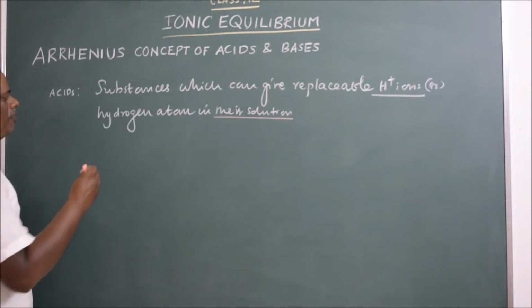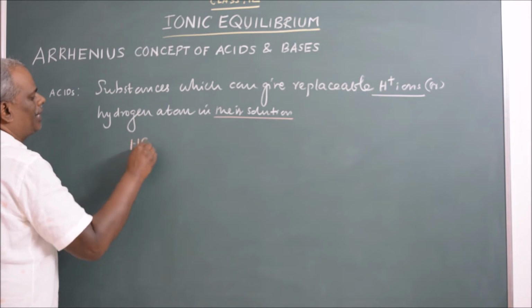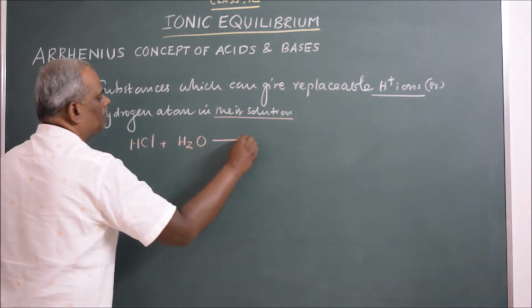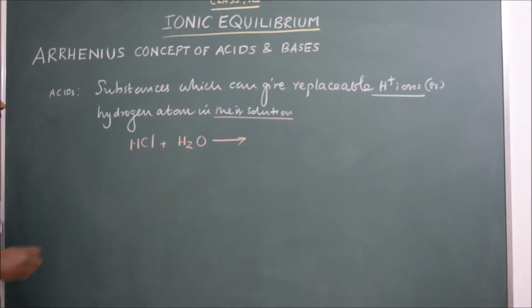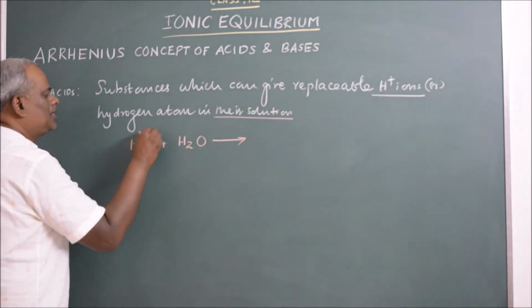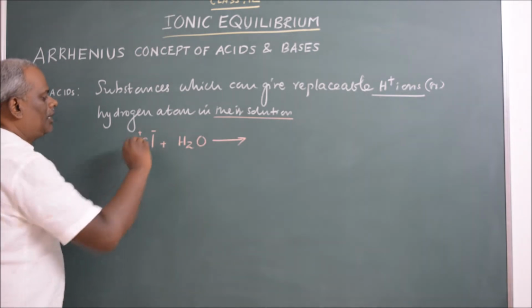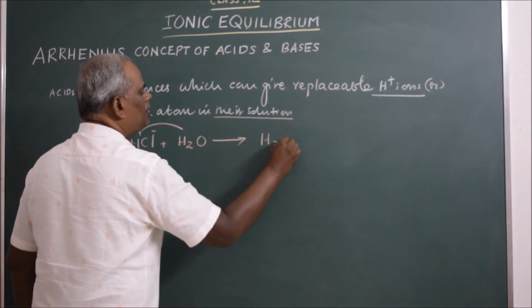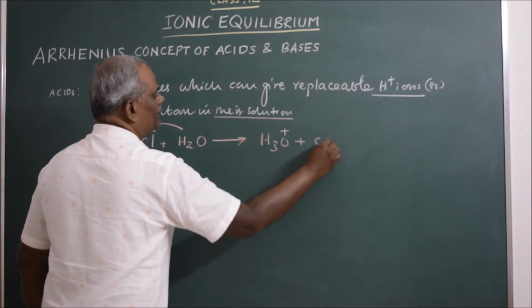Just for example, if you take hydrochloric acid, HCl, in water, then what happens? It can give H plus and Cl minus. When the H plus is added with water, we will be having H3O plus and Cl minus.